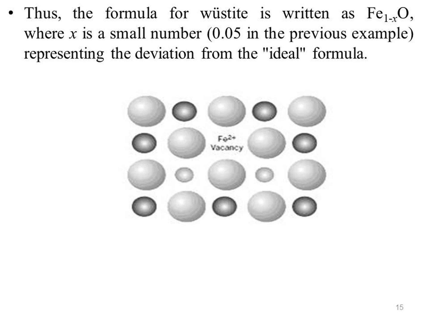Thus, the formula for wüstite is written as Fe1-xO, where x is a small number, 0.05 in the previous example, representing the deviation from the ideal formula. Non-stoichiometry is especially important in solid, three-dimensional polymers that can tolerate mistakes.